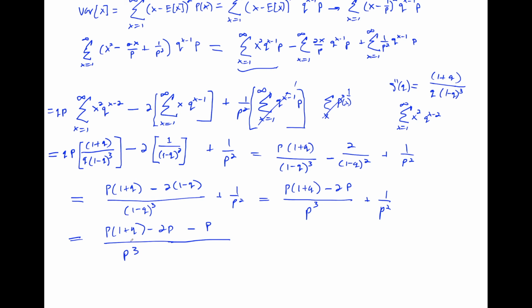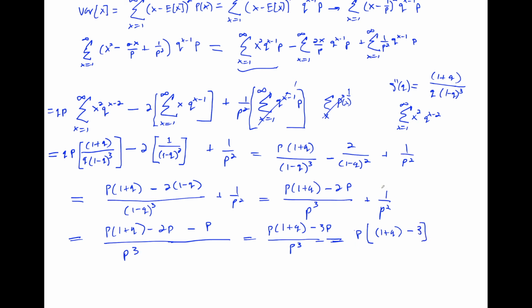That gives us p times 1 plus q minus 2p minus p over p cubed. All right, so now if we factor out a p out of the numerator, that's equal to p times 1 plus q minus 3.